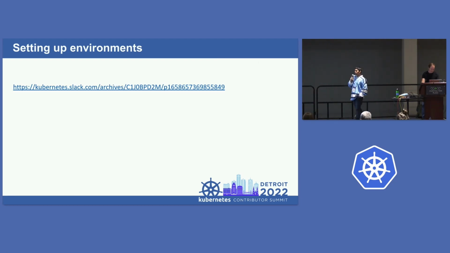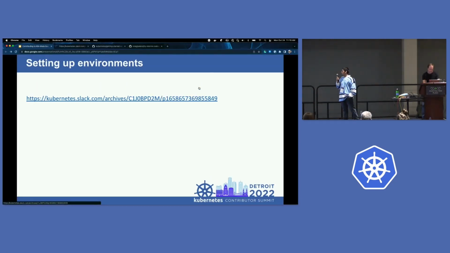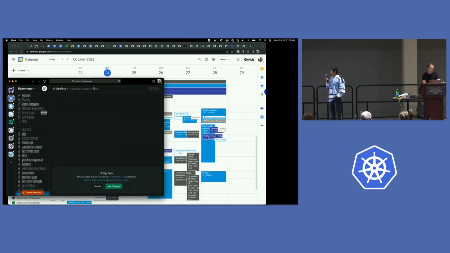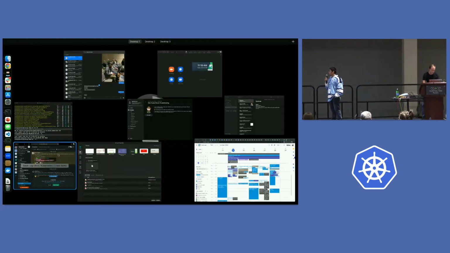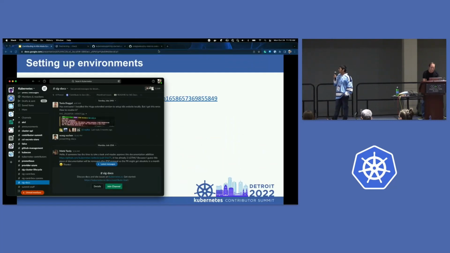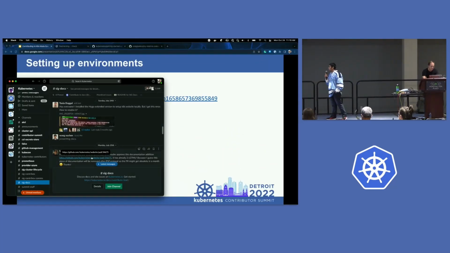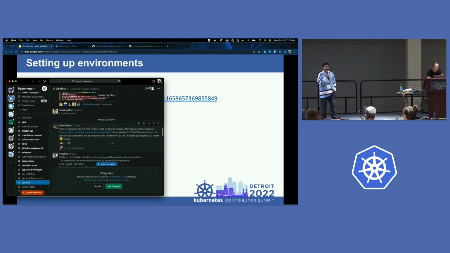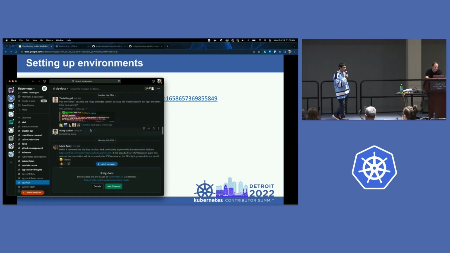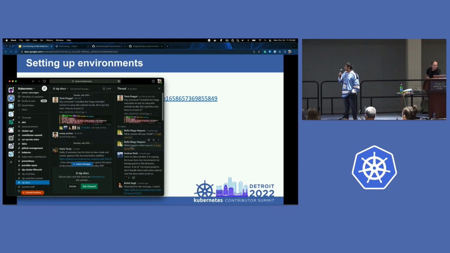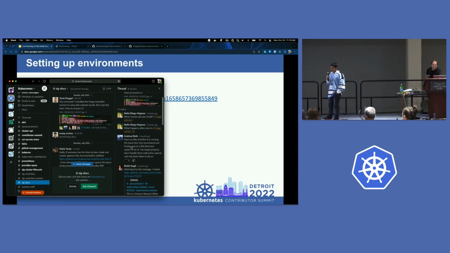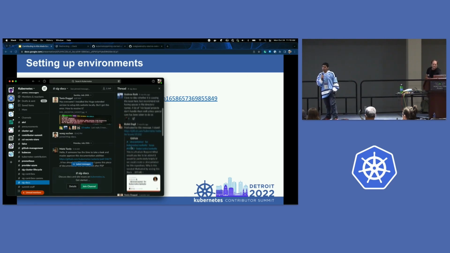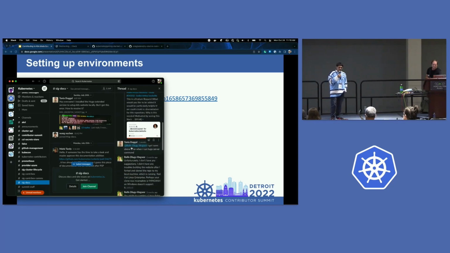A lot of the Kubernetes community talks with each other through Slack, and this was just one of the examples I saw on Slack quite some time ago, which motivated me to look into devcontainers and GitHub Codespaces too. This is just something I saw in SIG docs. It's pretty hard to set up the environment for contributing to SIG docs.